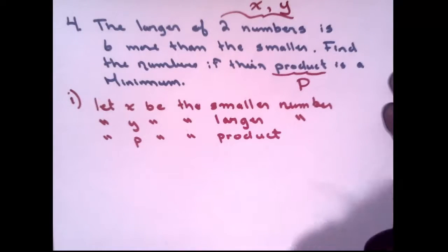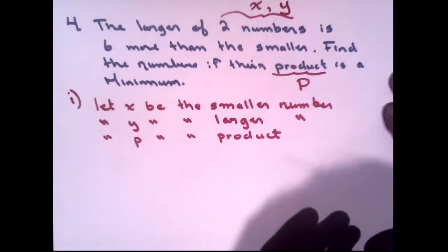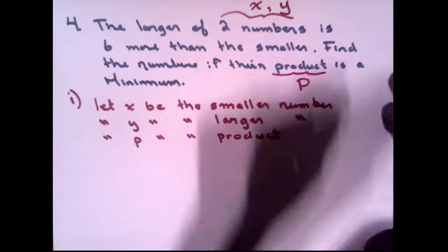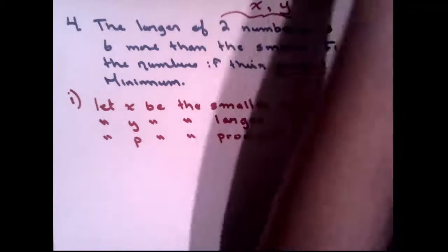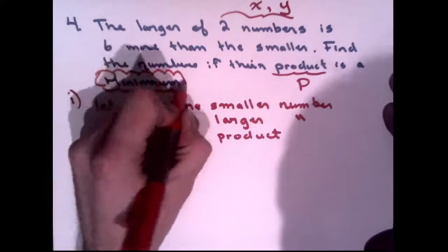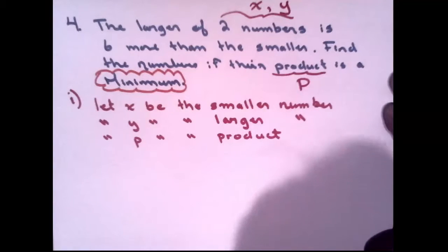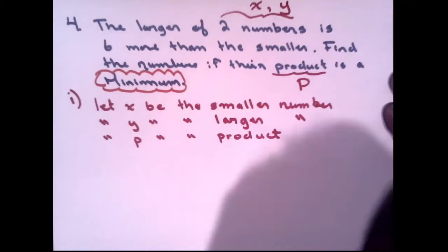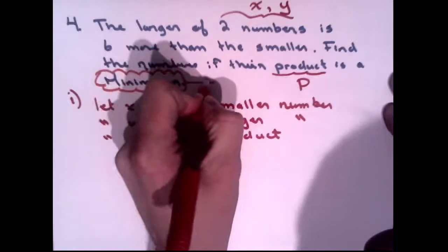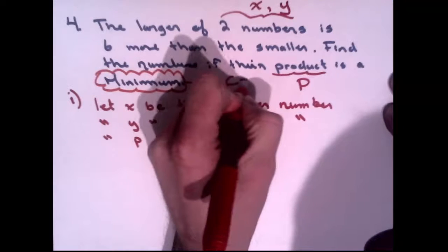And when you read these questions, you got to be careful and look for keywords that tell you whether you're either optimizing or solving. And we optimized in unit 4. And the keywords to look for optimization were words like the minimum. When you see words like minimum or maximum or max value or find optimize something, you know that whenever you see that, you're going to need to complete the square.